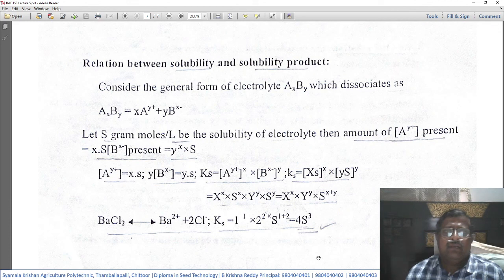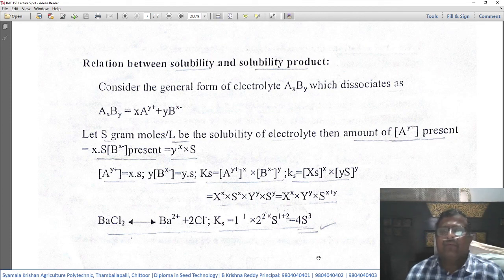Relation between solubility and solubility product. Consider the general form of electrolyte AxBy, which dissociates as AxBy = xA^(y+) + yB^(x-). Let S gram moles per liter be the solubility of the electrolyte.